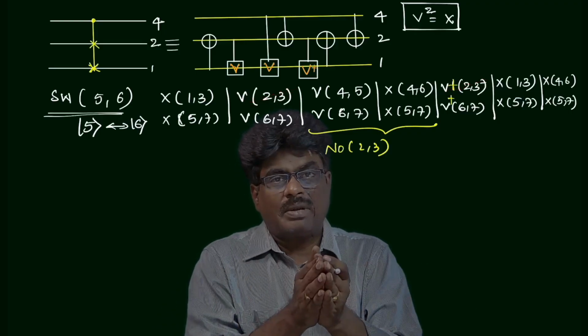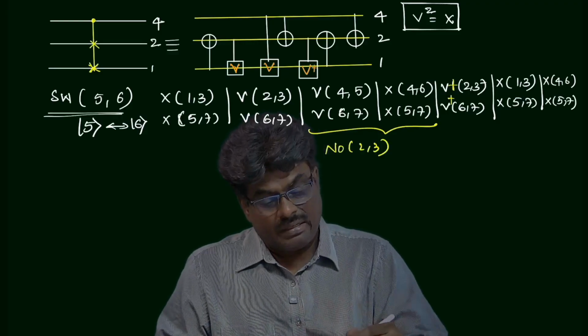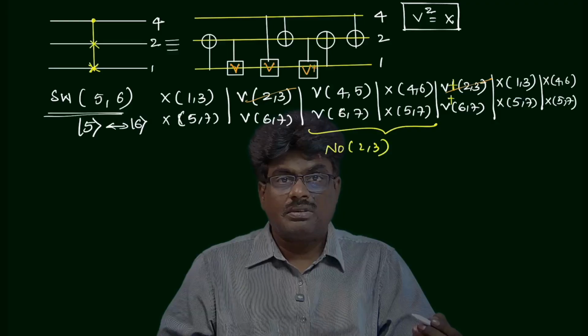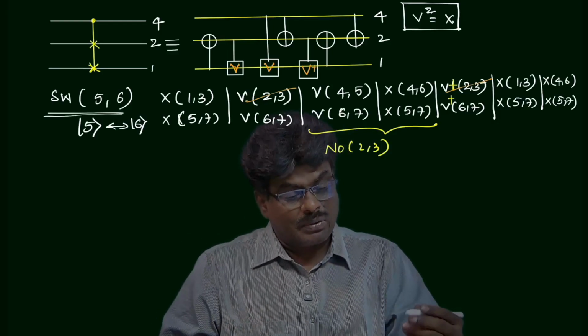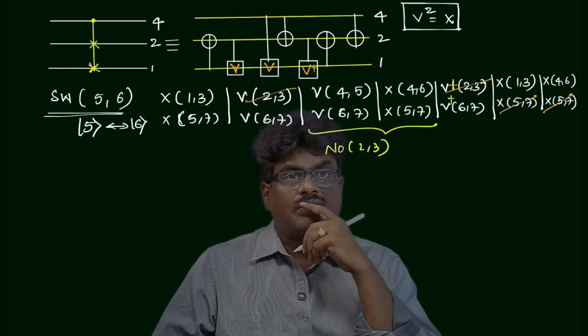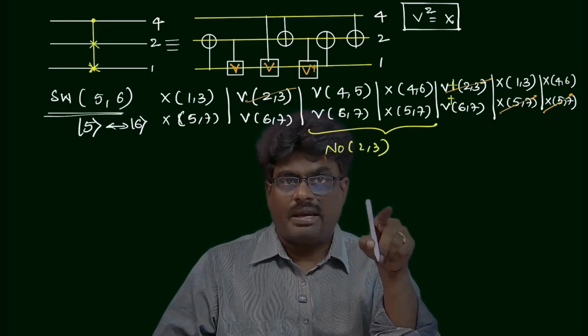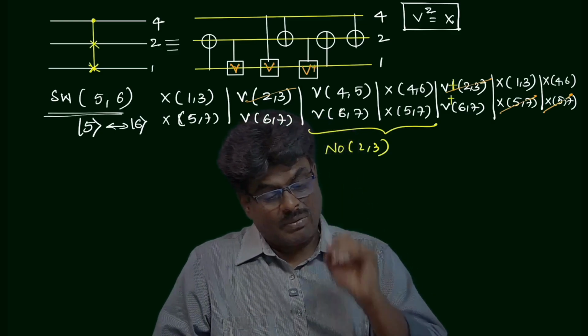These two will multiply. V into V dagger equals I. So finally we can cancel these two. That means the 2 comma 3 operation is over. Next check one more. Here we have X 5 comma 7, X 5 comma 7, X into X, I. So leave it. Next still anything is there? Yeah, one more is there.